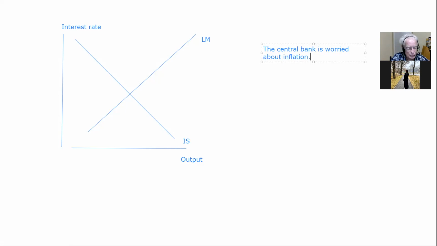So the National Bank reduces the money supply to try to bring spending, and therefore prices, down. What happens now?